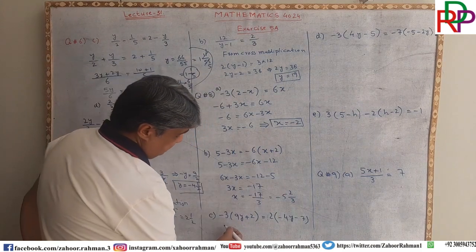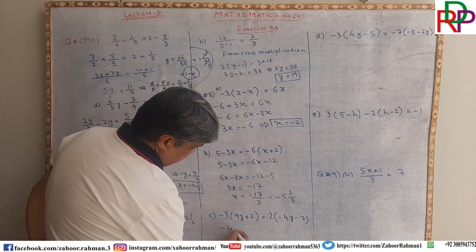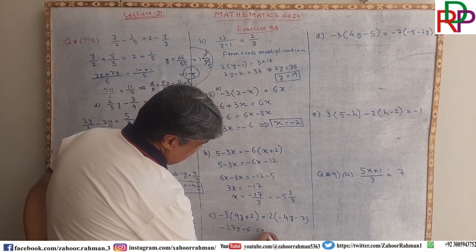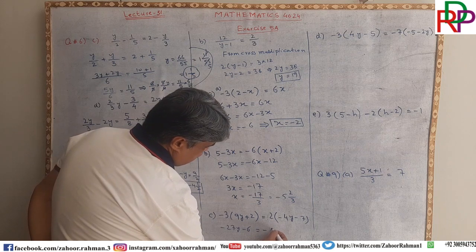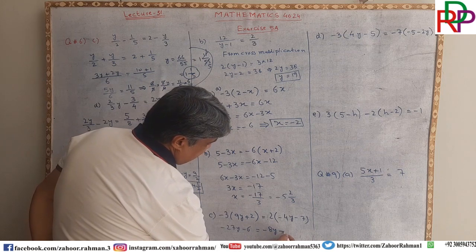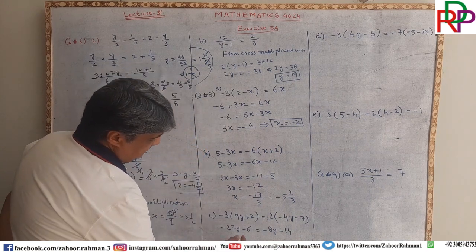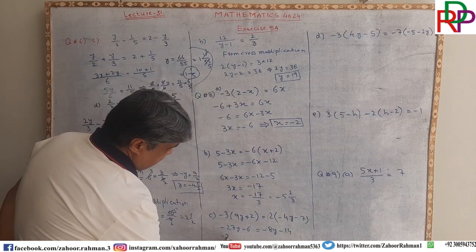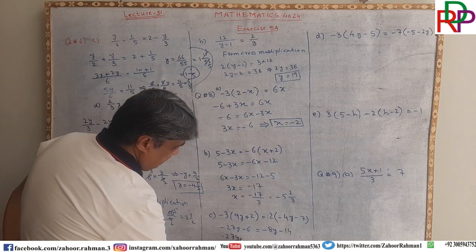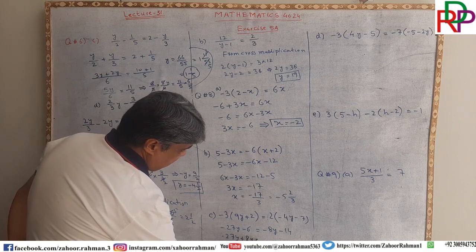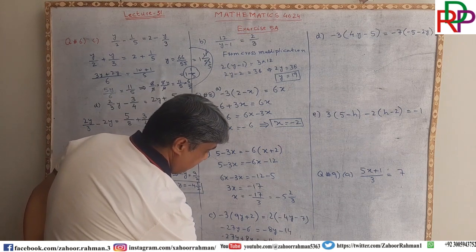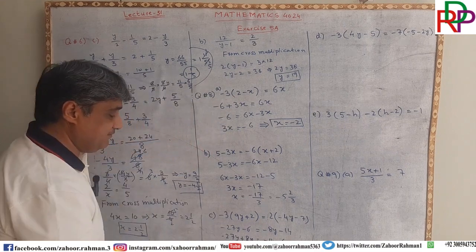Now in this case, first minus 2 times 7y minus 6 is equal to minus 8y and minus 14. Next job is to arrange the same variable on the same side and constant on the other side.